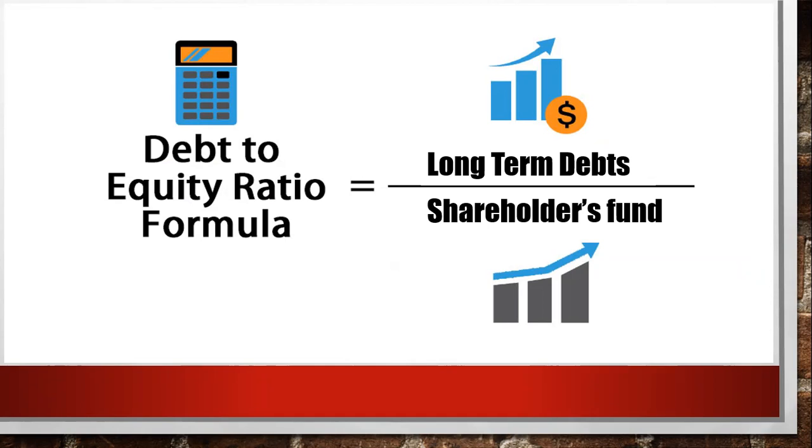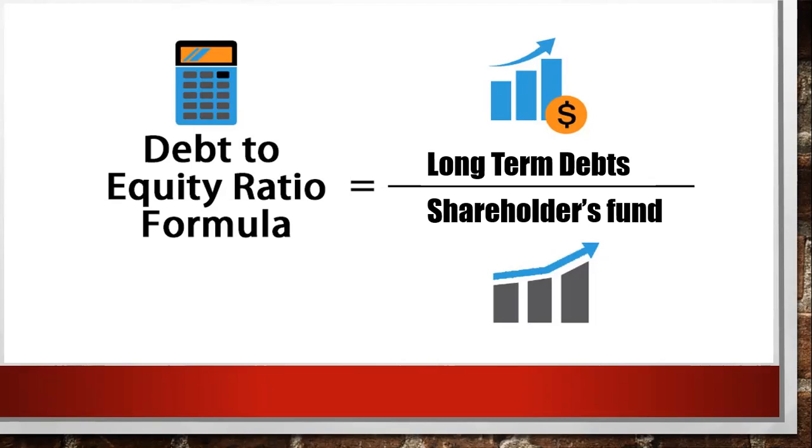So how much is the owners' contribution? In this ratio, you can easily identify the contribution of outsiders and of the owners. Outsiders means long-term debts. So debt upon equity.